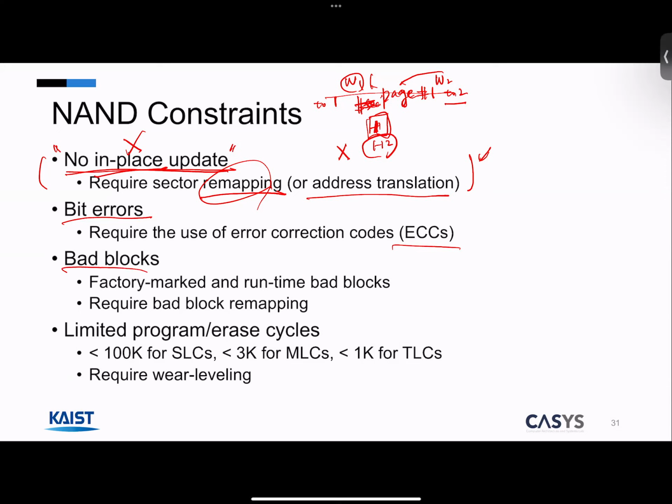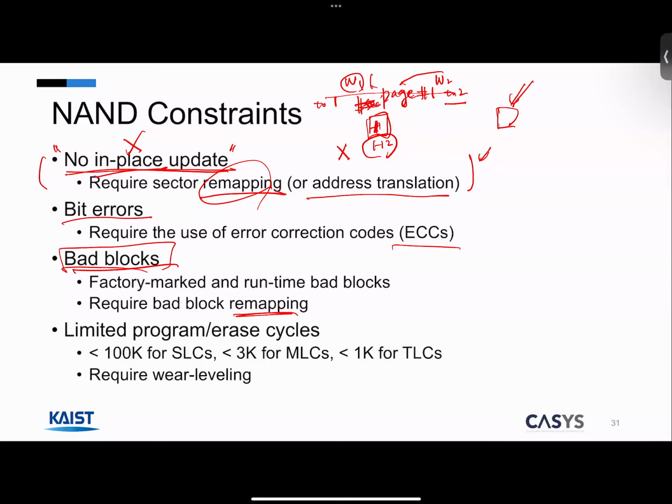When you write some cells multiple times, the cell loses its capability to store data. If a block contains multiple bad cells, it becomes a bad block. So the flash internal software has to hide bad blocks using remapping.